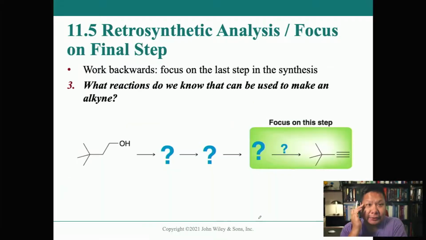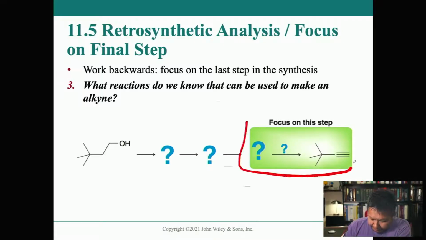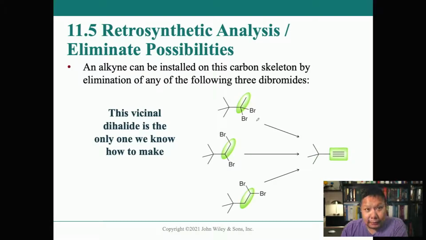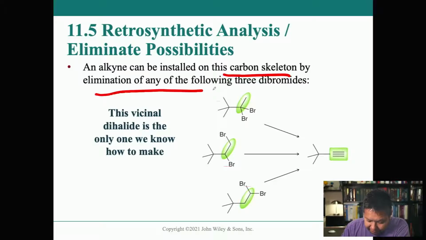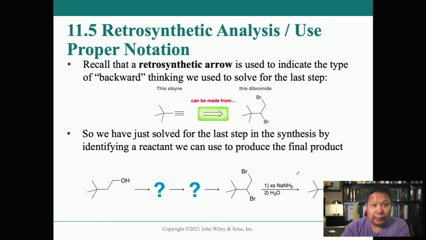Okay, so let's work backwards here and focus on the last step. What reactions do we know that can be used to make an alkyne? This step right here, to make an alkyne. Well, an alkyne can be installed on this carbon skeleton by elimination of any of the following 3 dibromides. This vicinal dibromide is the only one we know how to make, though, right?